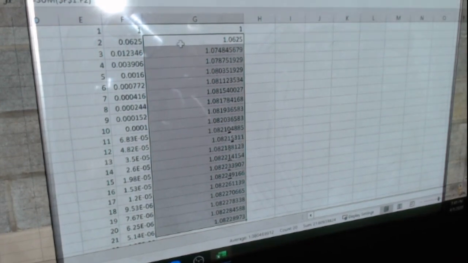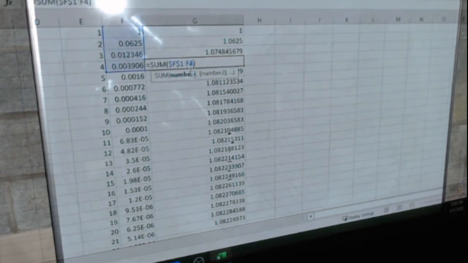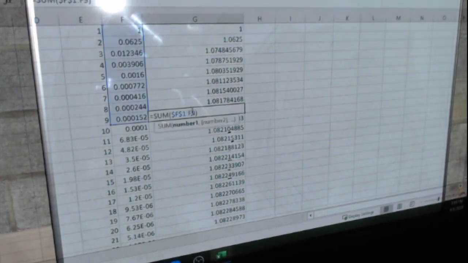So let's see. I thought I checked it and it said that the sums were calculating properly. So it should be 1 through 4. This one should be 1 through 9.